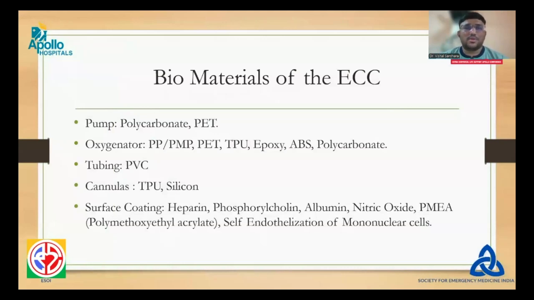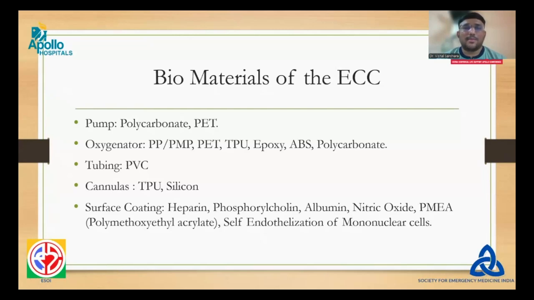Also, there will be some bearings, which, according to different companies, will be SS or sapphire ceramic bowls as a bearing. And in oxygenators, the short-term oxygenators are made of polypropylene, and for long-term oxygenators, we are now using polymethyl pentene.